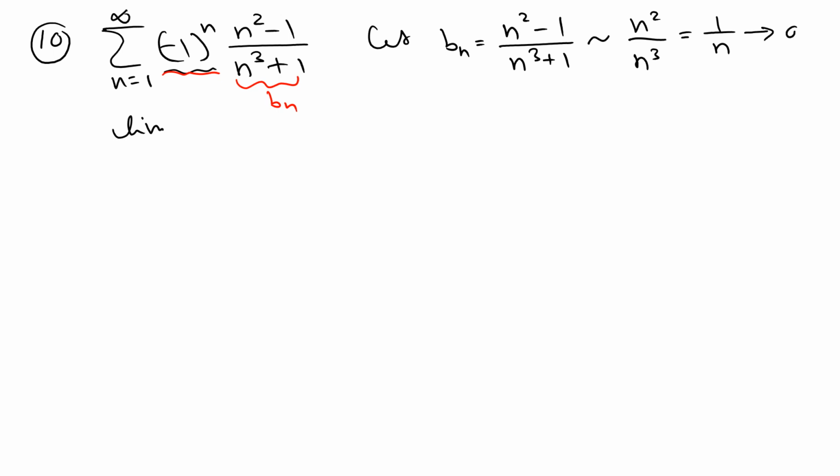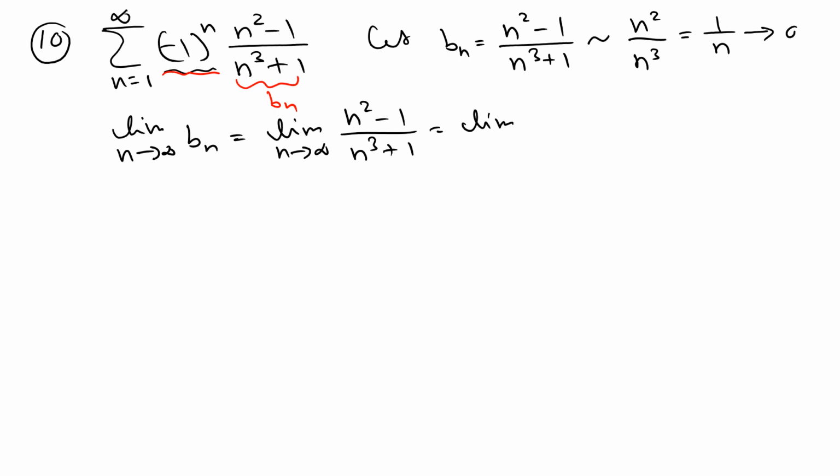So it's the limit when n goes to infinity of Bn, which is the limit as n goes to infinity of n squared minus 1 over n cubed plus 1. If you consider the dominating terms, this almost looks like 1 over n. So that means the limit is 0.